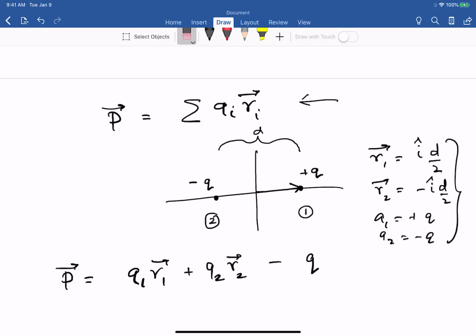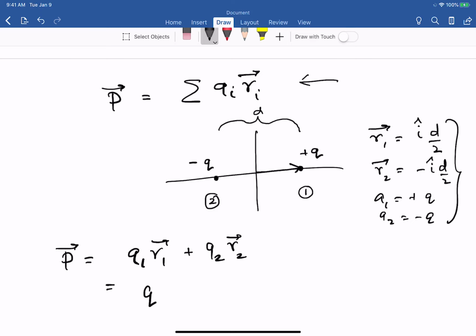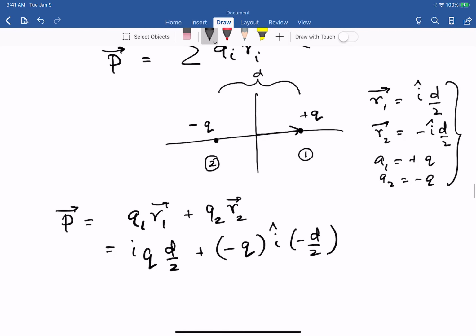So this will be plus q times i hat d divided by 2 plus minus q times i hat times minus d over 2. I just plugged in the r2, right? And so let's simplify this. This becomes i hat qd divided by 2 plus qd divided by 2. So i hat times qd, right? That is the dipole moment vector.